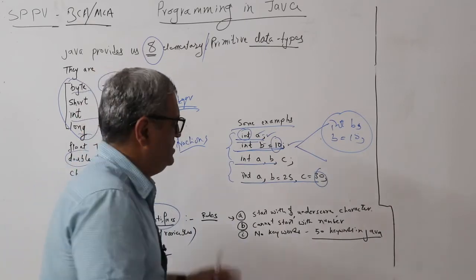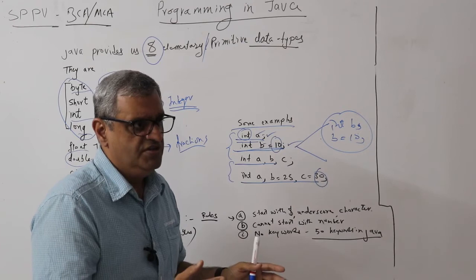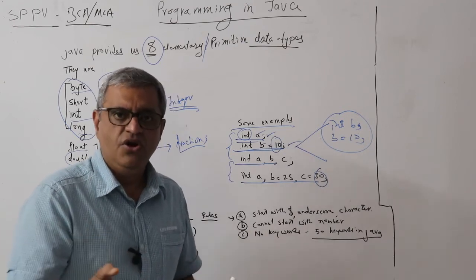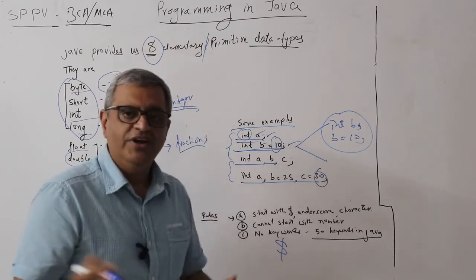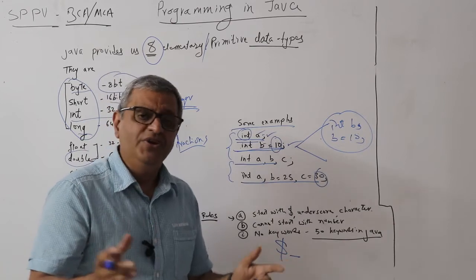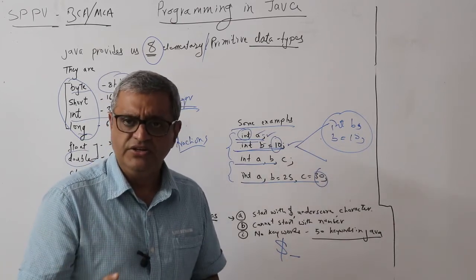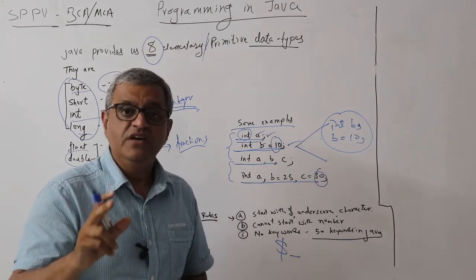Some of the basic rules we need to follow: you can have your variable starting with a dollar sign, or with an underscore, or with any other character, but you can't have it starting with a number.